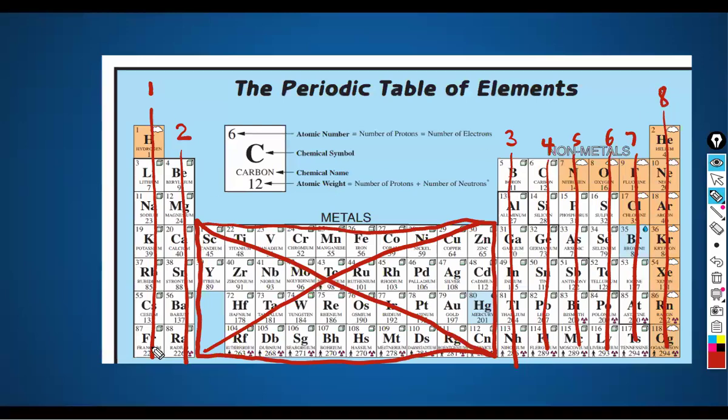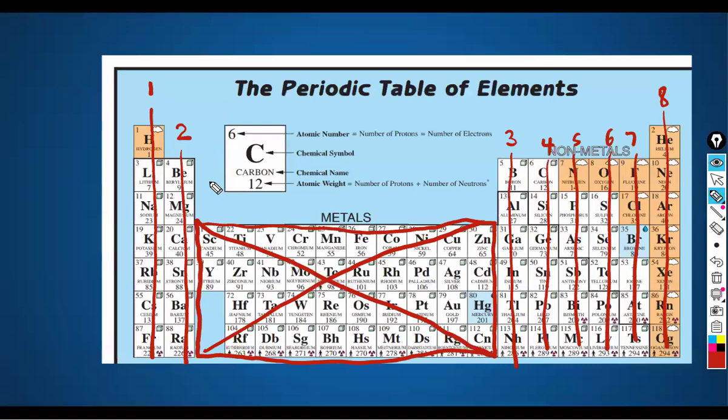Now, the columns are called groups. The vertical parts are called groups. Now, for the CSEC syllabus, since we're ignoring the middle portion, there will be 8 groups to be considered. So just to summarize, the periodic table is all the elements found on planet Earth that we have discovered so far.